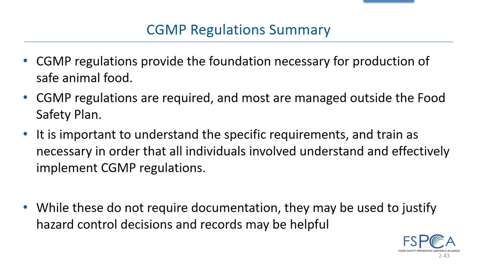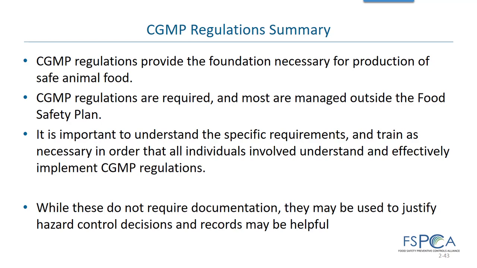And as I mentioned before, while these do not require documentation, nowhere in this chapter did I say you had to write down that your employees were washing their hands or write down that the equipment was evaluated to make sure that it was properly spaced. Some documentation like that may be helpful to help justify some of your hazard control decisions later on and in Subpart C in your food safety plan.